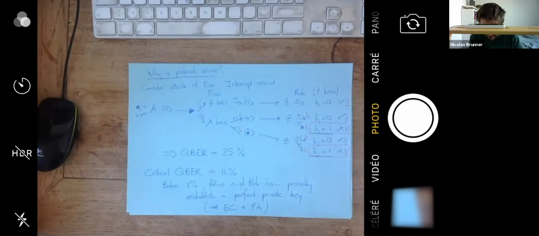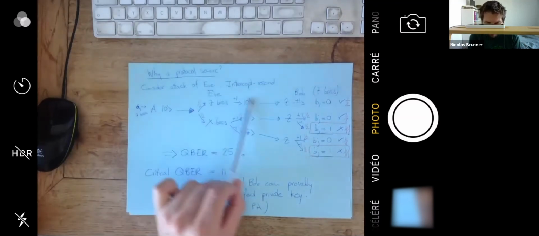So that is a type of security that is not computational; this is a physical security. If Eve was able to get the key for a Q-bar below 11%, she would somehow have to break the laws of quantum physics, okay? In quantum cryptography, this is an assumption that we make, that Eve is bound to the laws of quantum physics. But essentially, this is the only assumption we need to make on Eve.